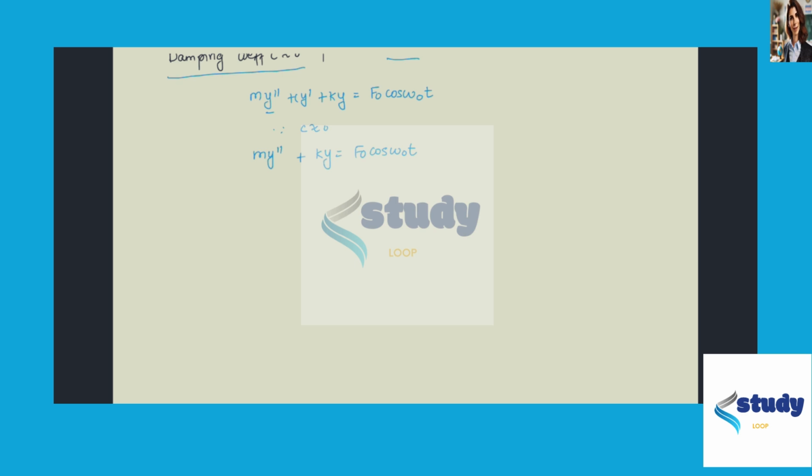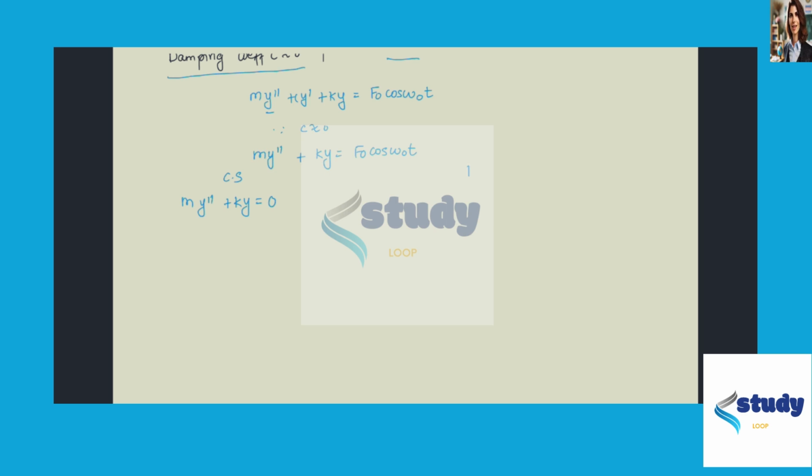Okay, so we can find the solution. It has two parts: one is the general solution, or we call it the complementary solution, and one is the particular solution. First we can write m y double dash plus ky equals 0. This is the complementary solution.